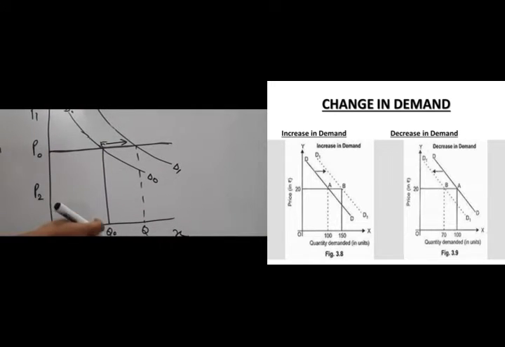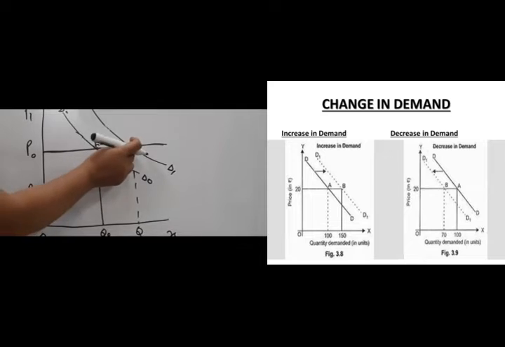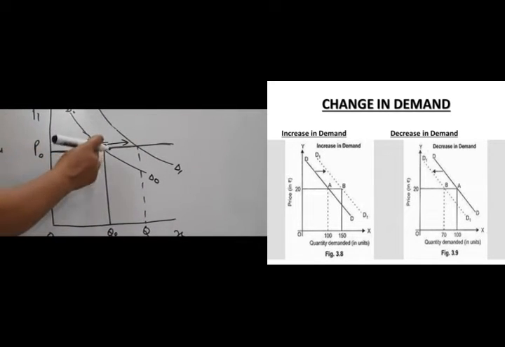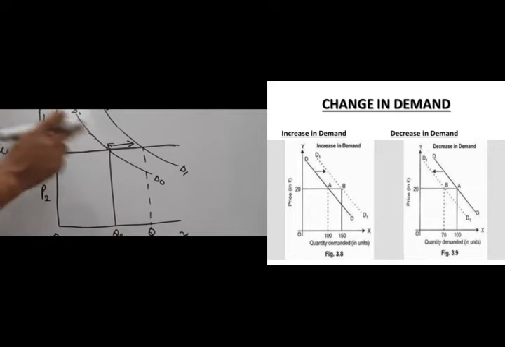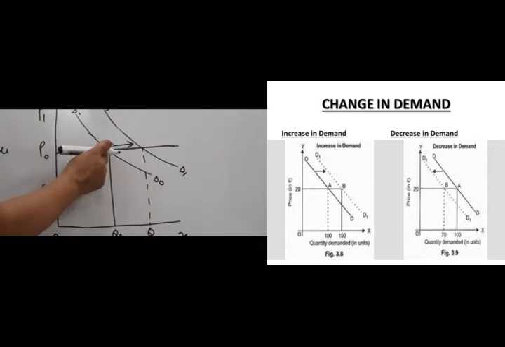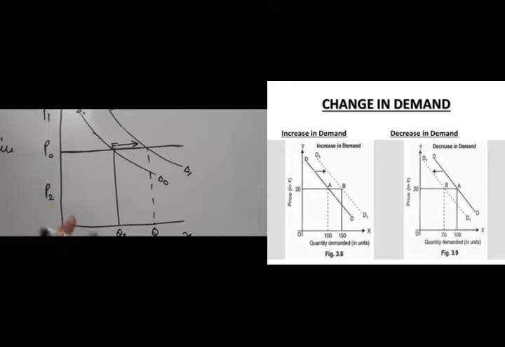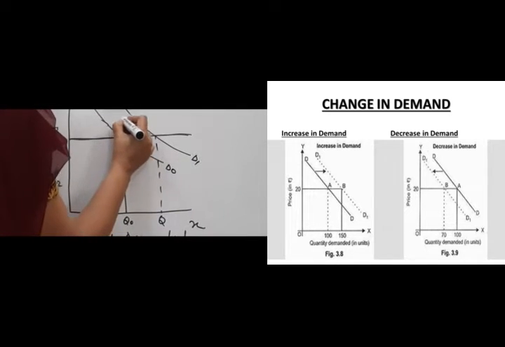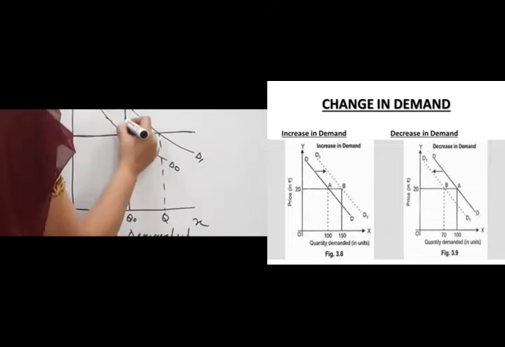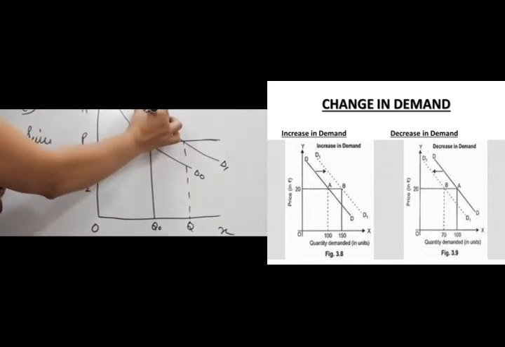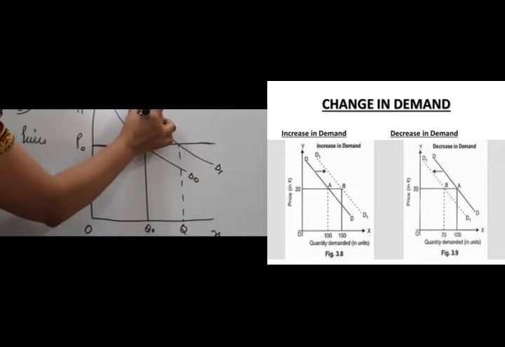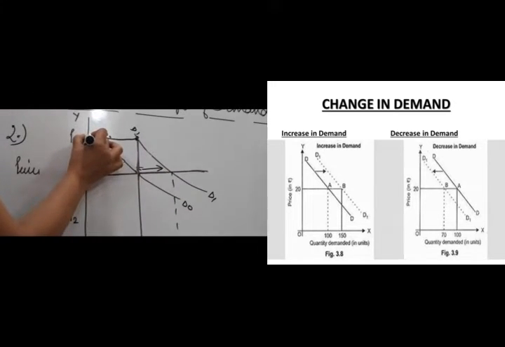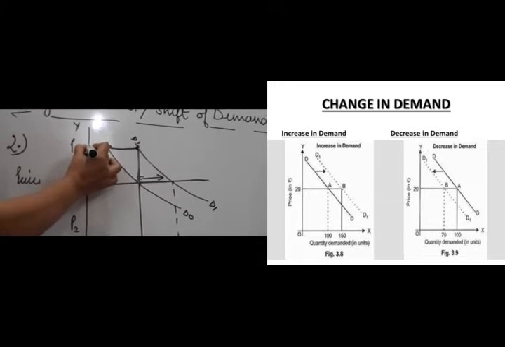The book says that the increased quantity can be demanded at a higher price, or same quantity can be demanded at the same price. Now what will happen? The consumer will be finding out again a place where this quantity matches, right? And this will be the price where this quantity will match. Do you get it? Right?